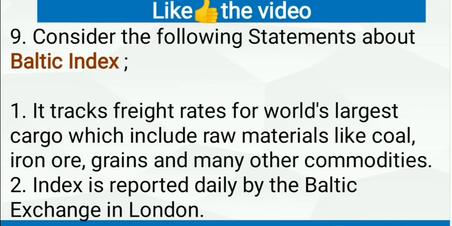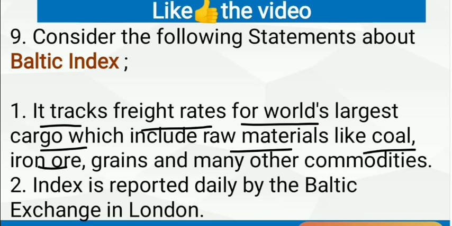Next question. Consider the following statements about Baltic Index. Baltic Index tracks the freight rates for the world's largest cargo, which includes raw material like coal, iron ore, grains and many other commodities. This is correct.